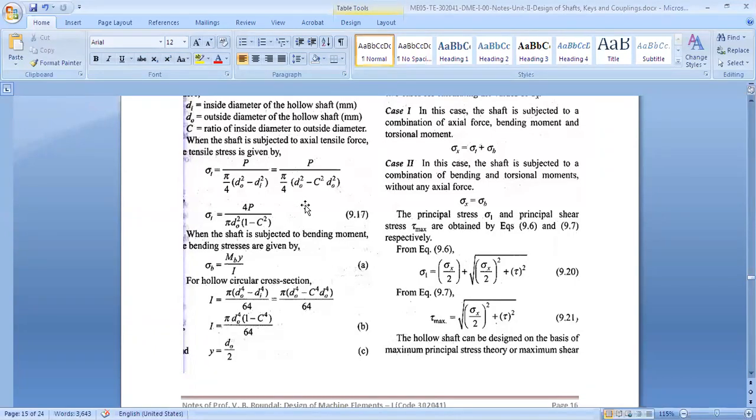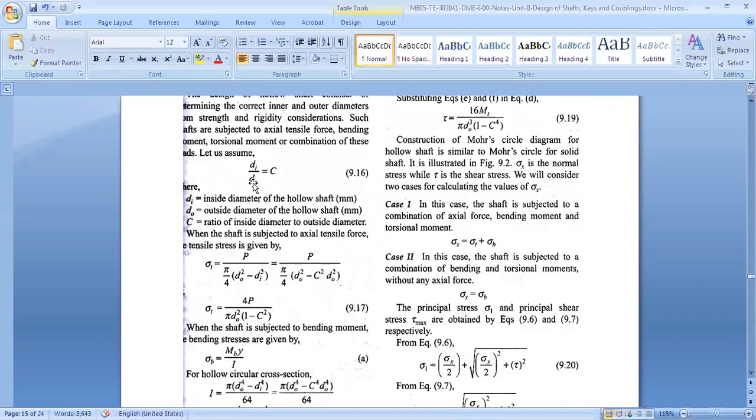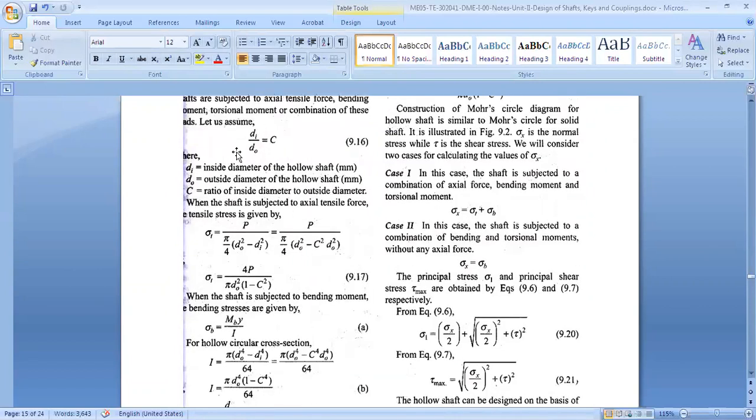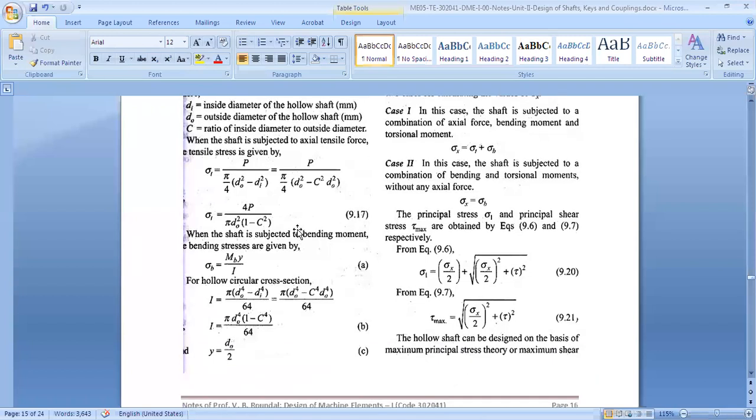Now, if we put di equal to C do, we get the normal equation of sigma t as 4P upon pi d square. Here we will get 4P upon pi do square into 1 minus C square. So this 1 minus C square will be the factor for the hollow shaft.